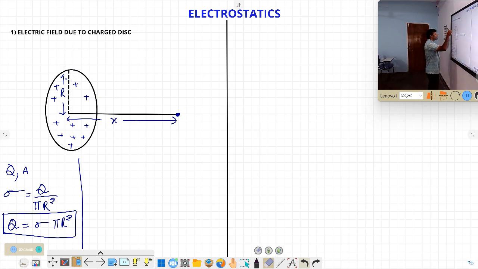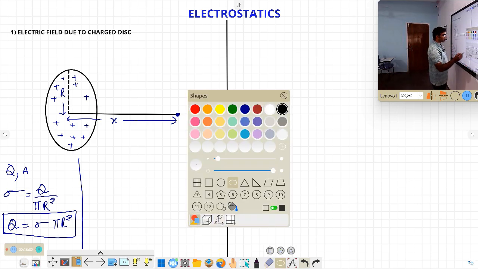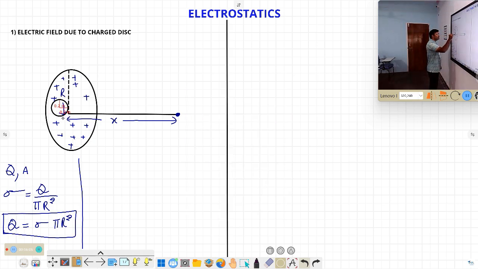To calculate the electric field intensity due to this disk, you have to imagine a small ring area inside, containing an inner and outer radius, with a certain thickness.